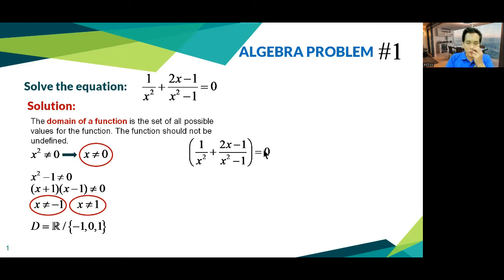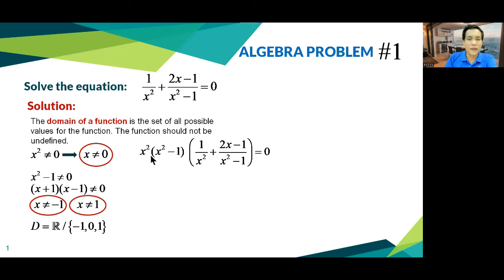So all we have to do is to look for the least common denominator of our fractions, x squared and x squared minus 1. So what should be the LCD? The product of x squared and x squared minus 1. So we will multiply both sides of the equation by the LCD.